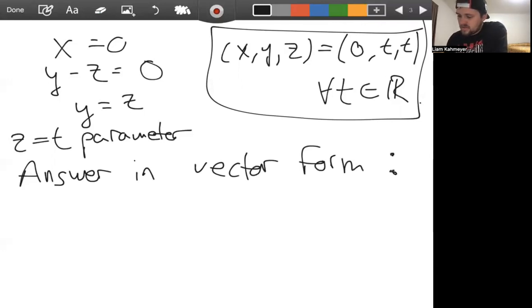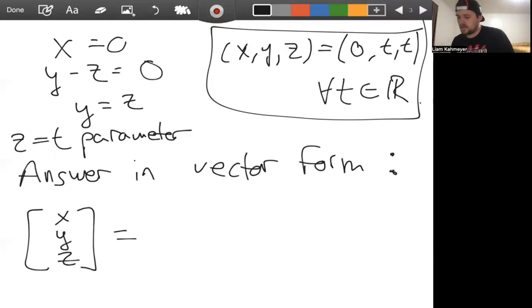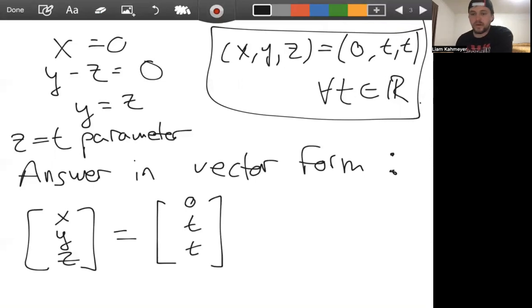And how you would write this is you would say our solutions are the vectors x, y, z such that, well, then we have the vector (0, t, t), where t is a real number, right? We can scale vectors, right? That was one of the first things we learned in Calc 3: vectors have a direction and a magnitude, and multiplying a vector by a scalar changes the magnitude.